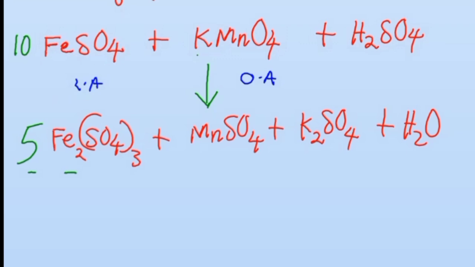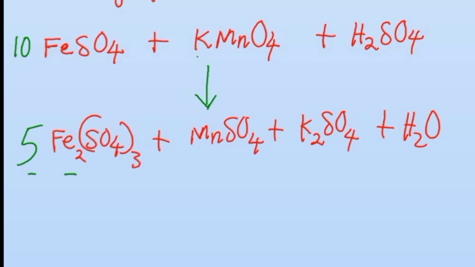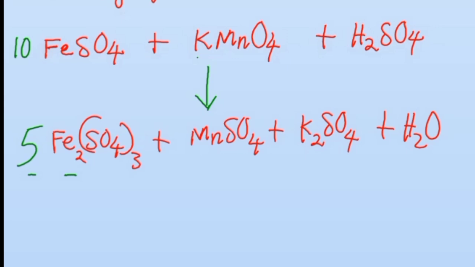The next compound we are going to try to balance is the next electropositive element, which is potassium. Now potassium is 2 here, potassium is 1 here.